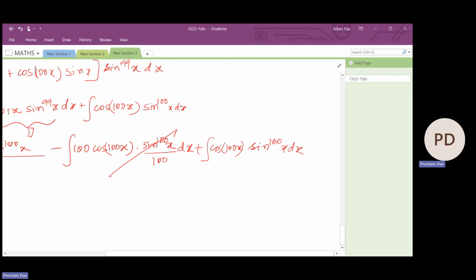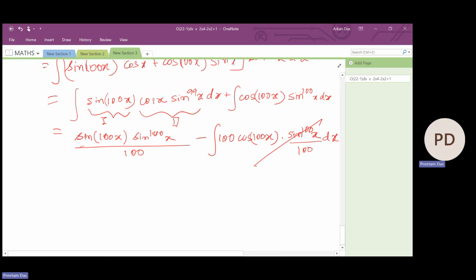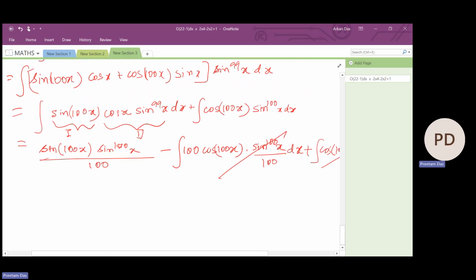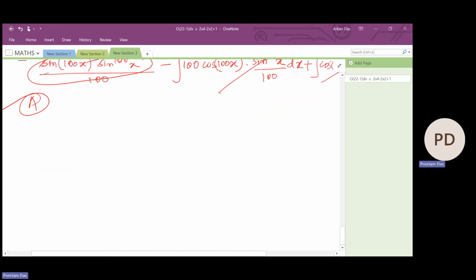You can clearly see this and this will get cancelled. So what is the answer? This is the answer plus C. So option A.